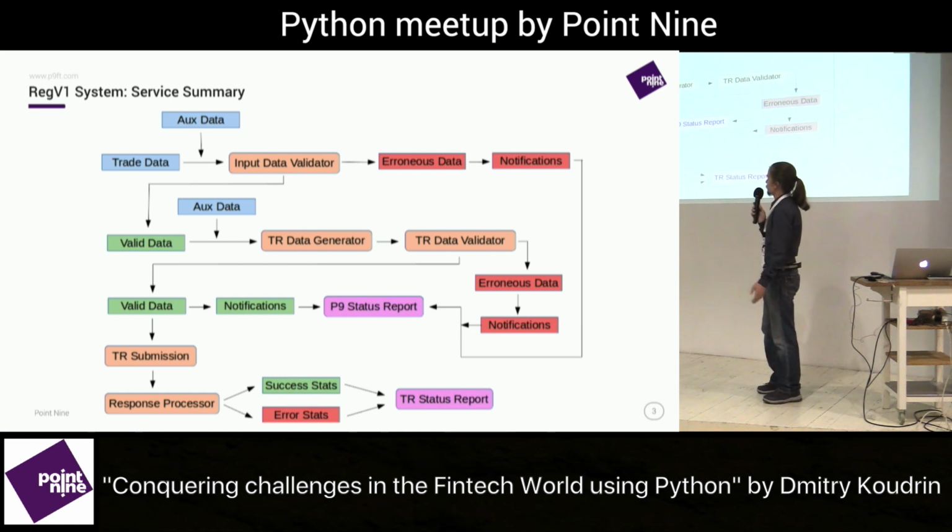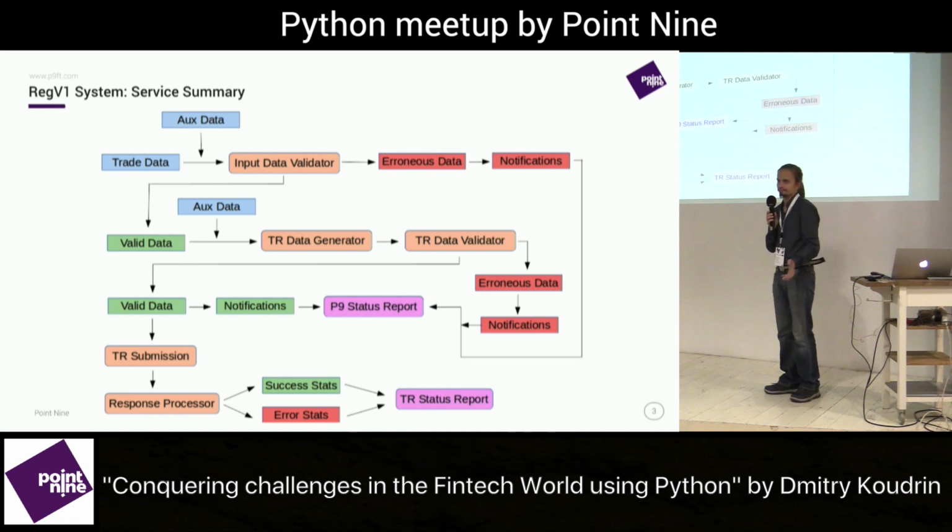Then we validate the input data, and we're not so strict about the format or the source of the data. As Evgeny mentioned, we can process files from SFTP. We can use database connections. We also process files from emails. That doesn't matter. After we have validated the data, we basically divide it into two flows.